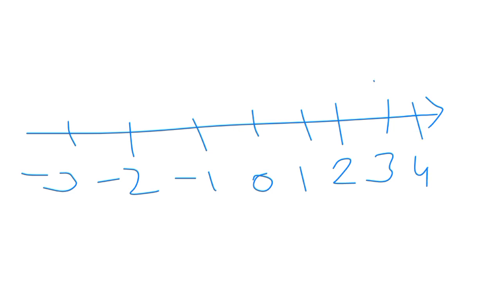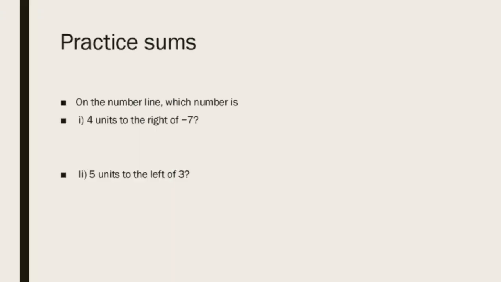From 3, we can move 5 units to its left to reach -2. So how many numbers are there? 2, 1, 0, -1, -2. Write the numbers: 2, 1, 0, -1, -2.